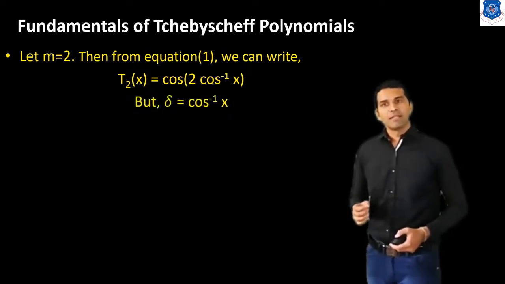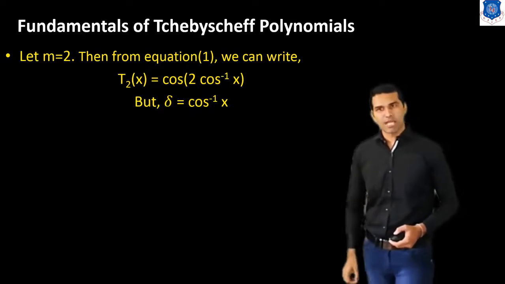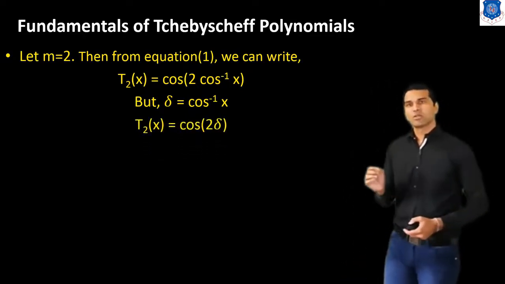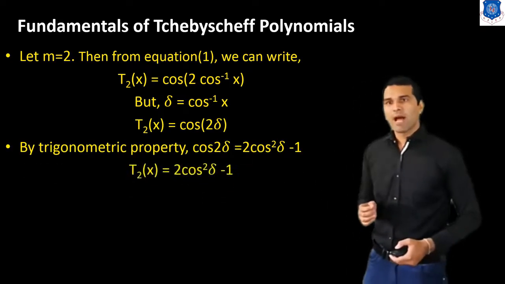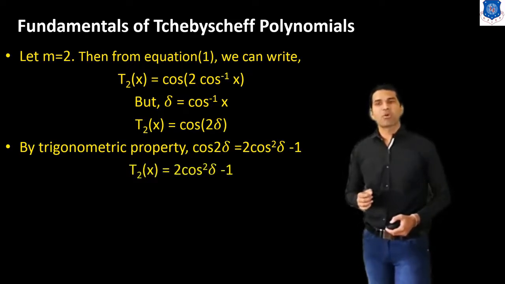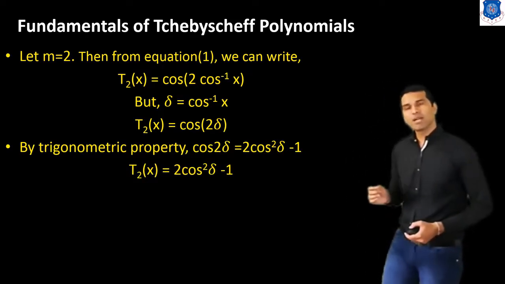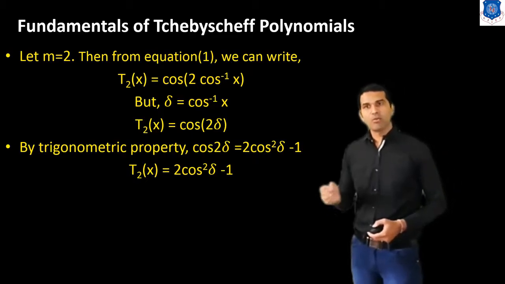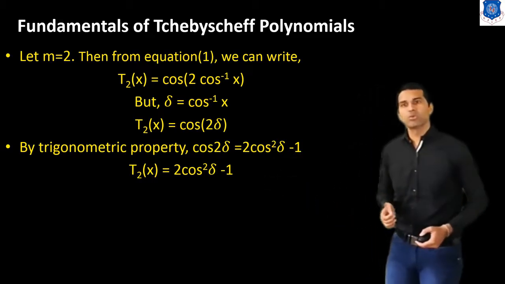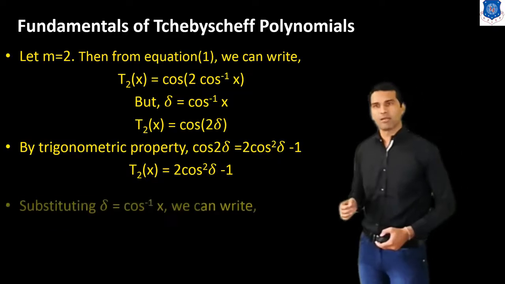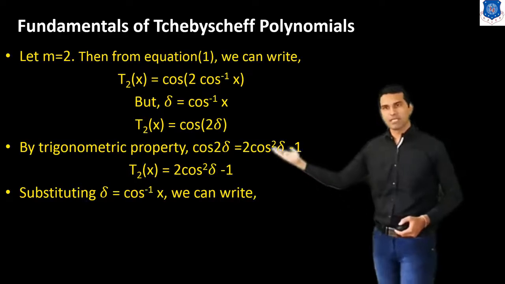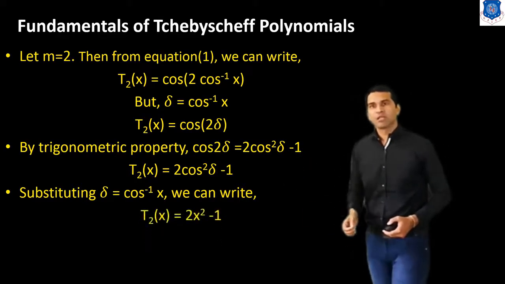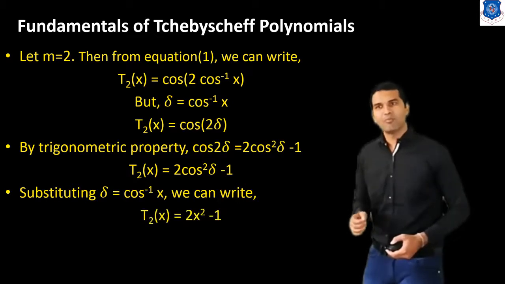Considering delta equals cos inverse x, we write cos 2 delta. By the trigonometric identity, cos 2 delta is 2 cos squared delta minus 1. Substituting delta equals cos inverse x, we get T2(x) equals 2x squared minus 1.